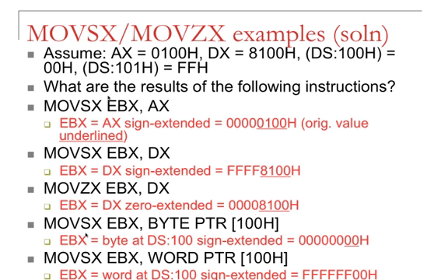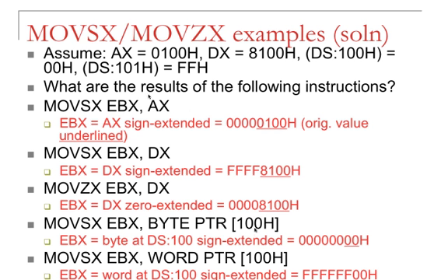The next instruction is move sign extension EBX, comma, byte ptr [100]. Because of the byte pointer, we know that the source operand is a byte retrieved from memory.